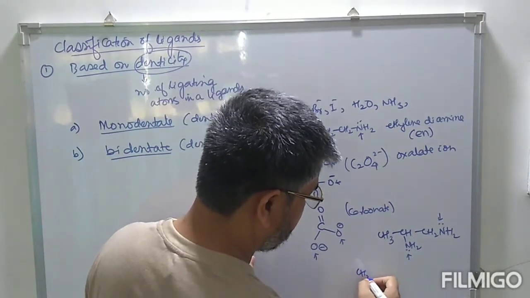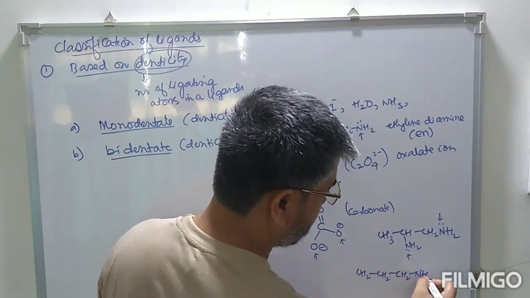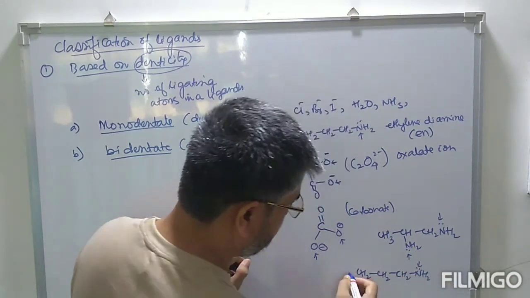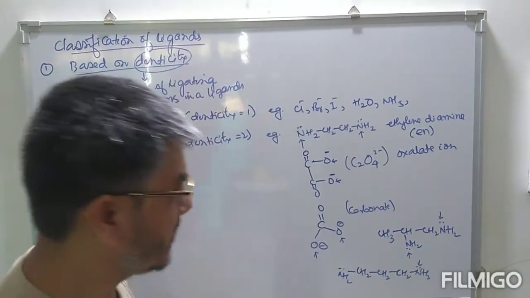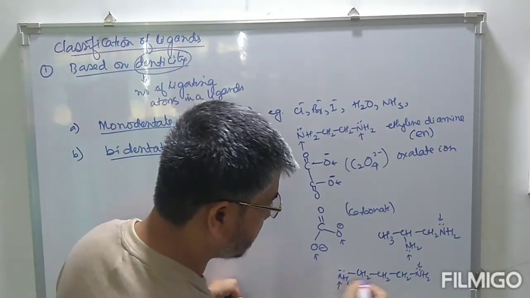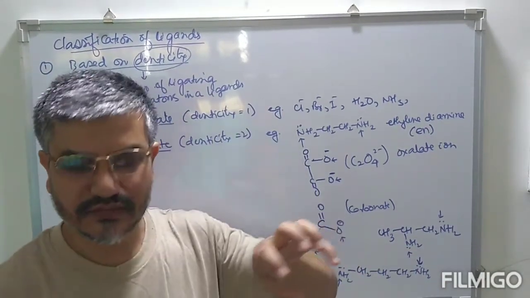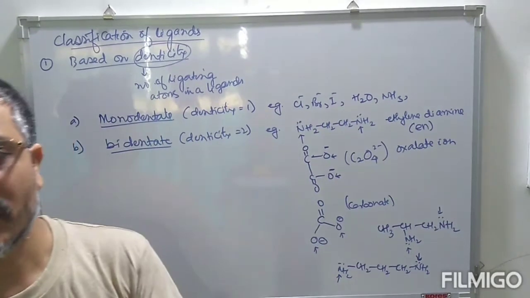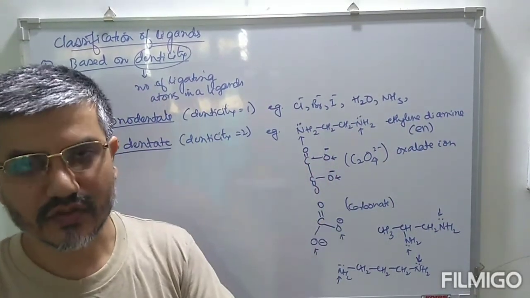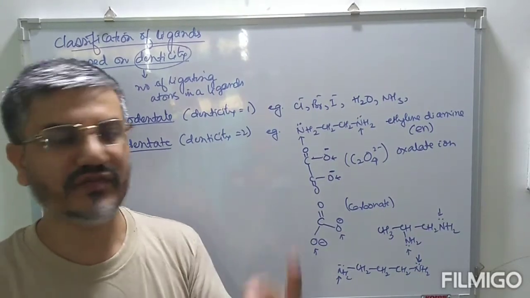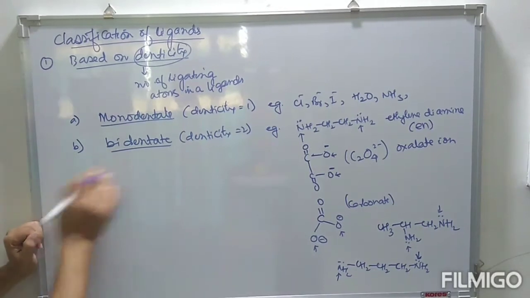Take this: CH2, CH2, CH2, NH2, 1,3-diaminopropane. Again, look at this nitrogen, denticity is 2. So if the ligand contains 2 atoms through which a chemical bond can be formed with the central atom, then we say this denticity is 2.